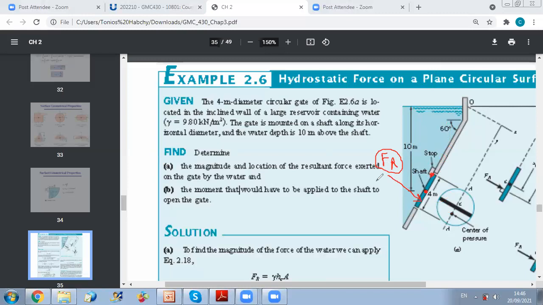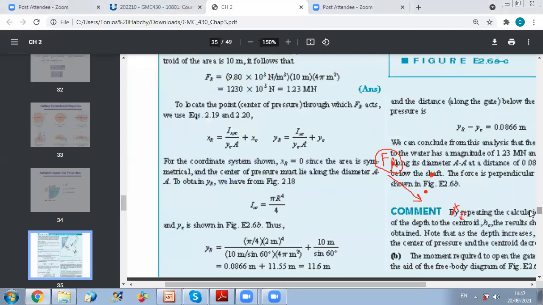So to do so, you need to determine this distance. And since your shaft passes through the center of your circle, this distance represents the one we talked about, which is calculated by Ixx over yc times A. So this is the distance of interest.